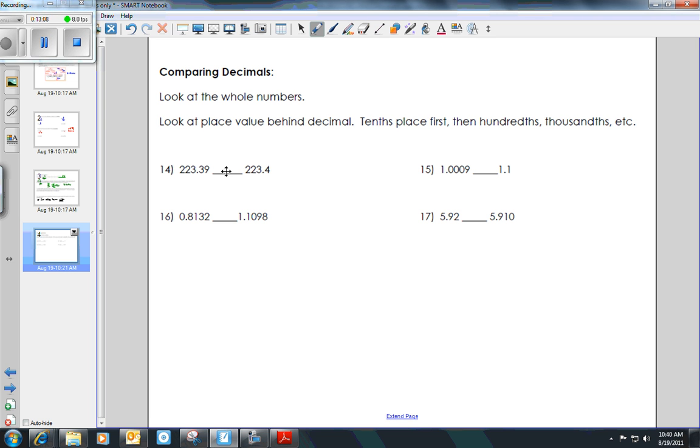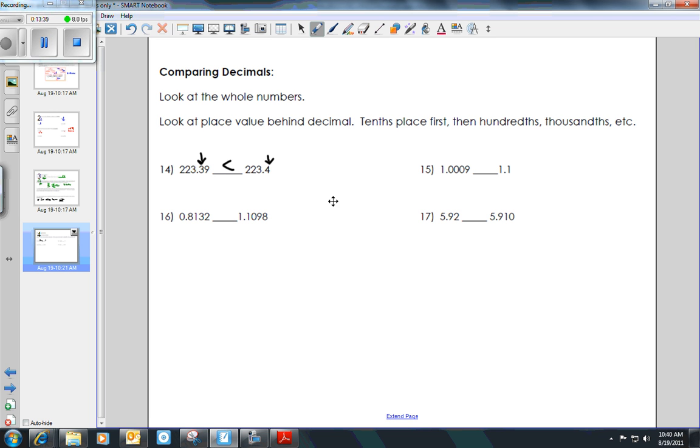I'm going to start with the tenths place. So I can basically use my finger or use something to cover up the hundredths on down. So looking first at the tenths place, I have a 3 here and a 4 there. So according to my tenths spot, 223 and 4 tenths is larger than 223 and 39 hundredths.